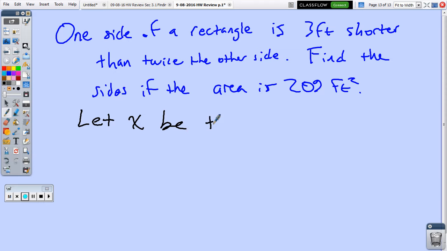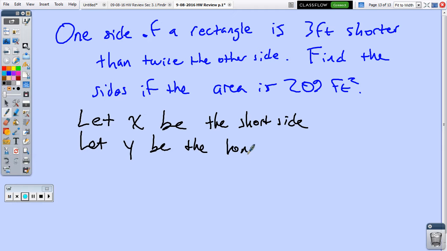Let x be the short side, and therefore let y be the long side. Then you start writing equations that are true based on what you're letting x and y be. You don't know the length of the short side or the long side. That's when you let them be your variables.